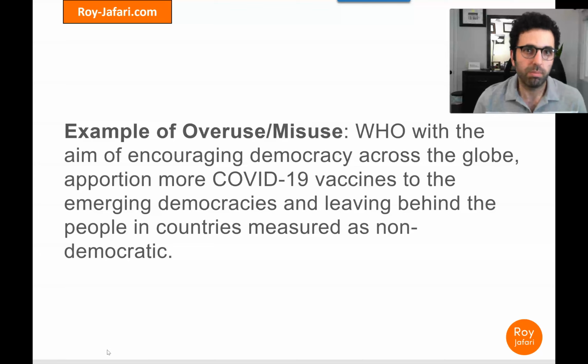That would be overusing this model, because COVID-19 is a humanitarian case, and we don't want to use this metric for such cases. This is an example of misusing this metric.